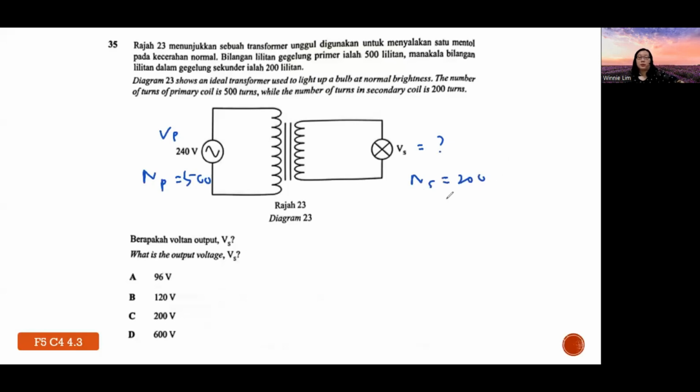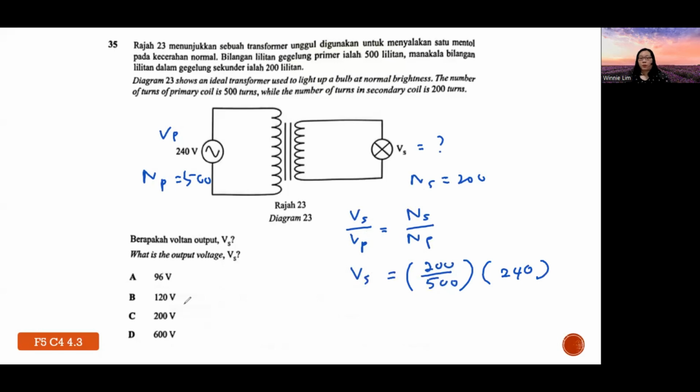So we will use the ratio method, which is Vs over Vp equals Ns over Np, right? So therefore Vs equals 200 over 500, Vp will bring over the other side, then you times 240. So when you press the calculator, you'll get your answer as 96 volt.